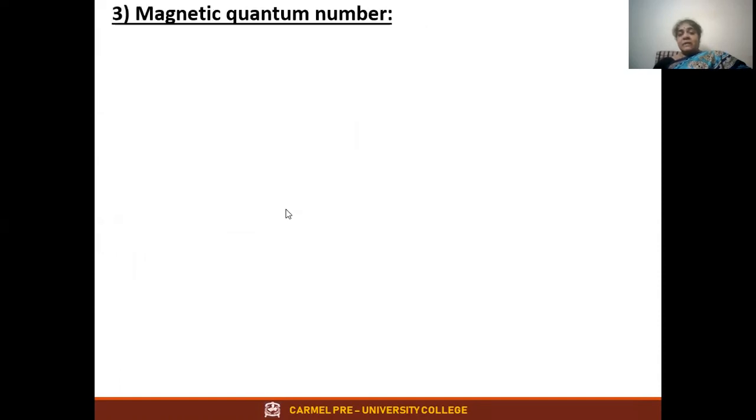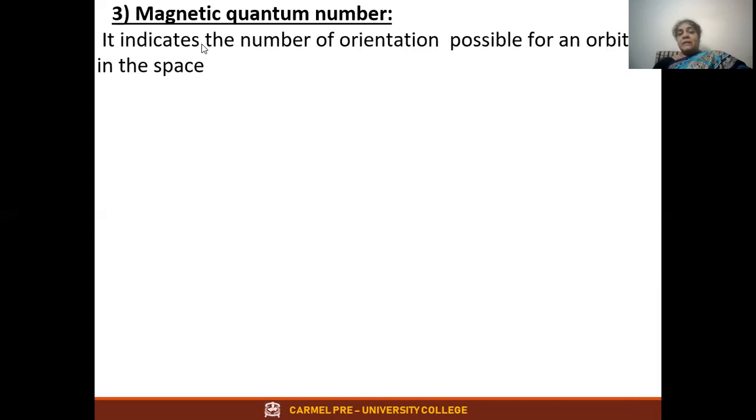Now we'll continue with the third quantum number, that is magnetic quantum number. It indicates the number of orientations possible for an orbital in space. When I say s orbital is spherical, p orbital is dumbbell and d orbital is double dumbbell, how exactly can you imagine them in three-dimensional space?